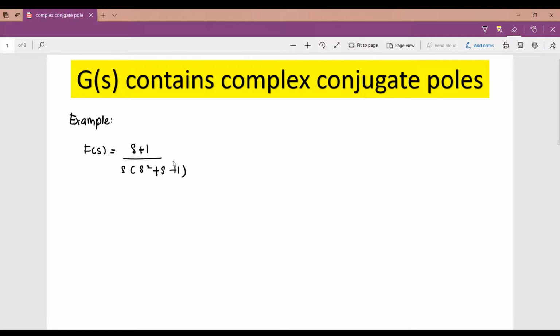So just leave it like this, and then you just need to write the partial fraction form of this transfer function, where for the pole s it is A over s, plus, okay, for the complex conjugate poles, s square plus s plus 1, because the highest order of s is square, you need to write it as Bs plus C. So, all you need to find now is the values of A, B, and C.